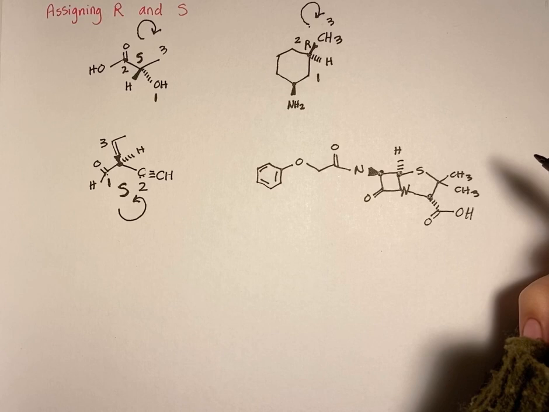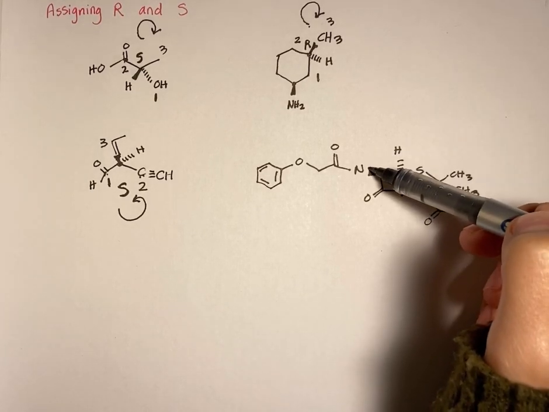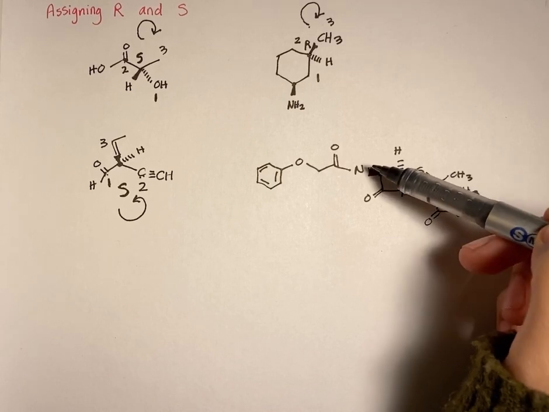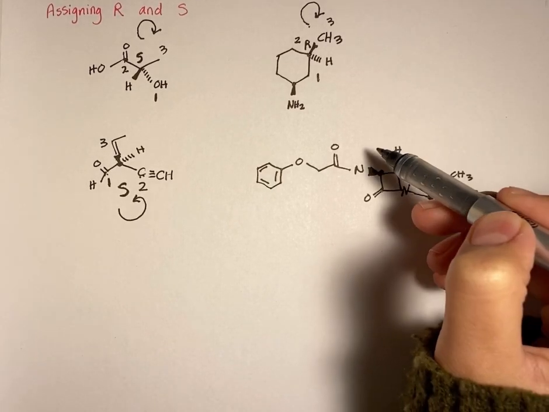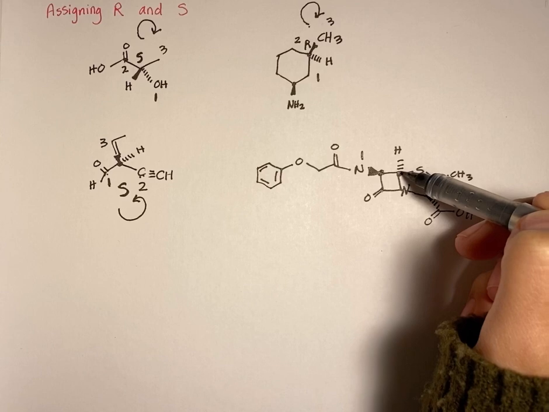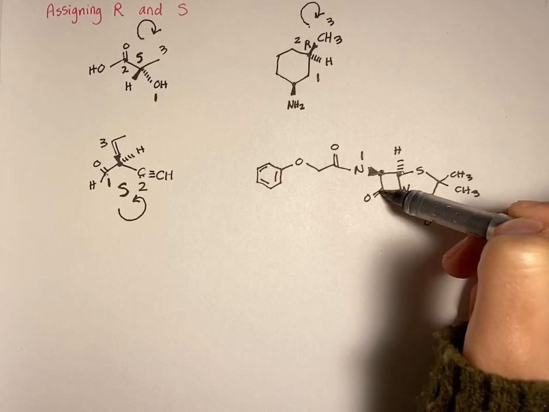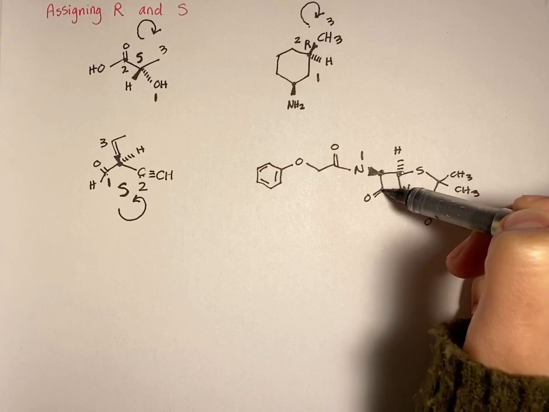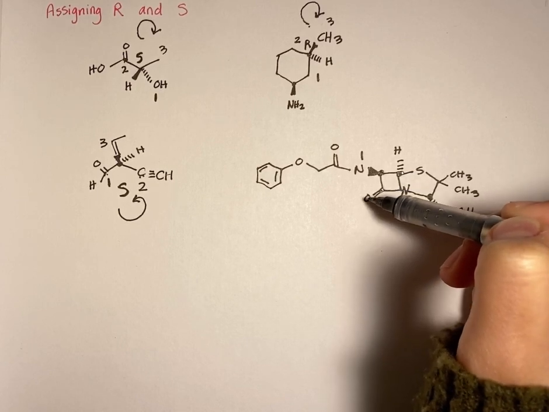Now assigning R's and S's, we'll start with the one to the left here. We have nitrogen versus carbon and carbon. We know that nitrogen has a higher atomic number, therefore it gets the first priority. Then comparing these two carbons, we have a sulfur attached to this carbon versus here we have carbon double bonded to oxygen.